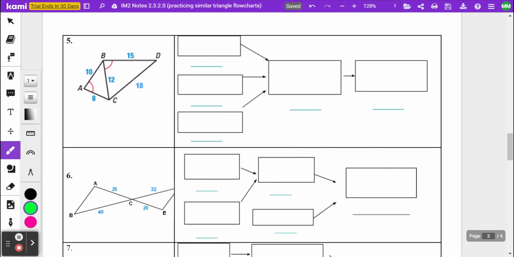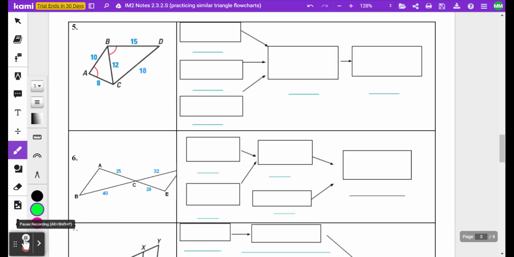Okay, moving on to number 5. Now I have this triangle pair. For this one, I could choose between side angle side to do a proof.